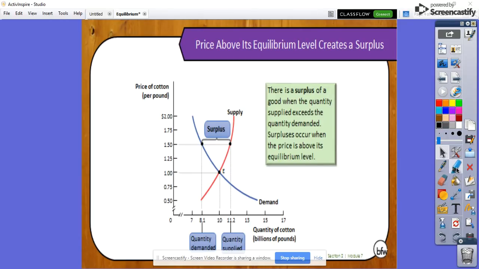Okay, now for your notes. There is a surplus of a good when the quantity supplied exceeds the quantity demanded. Surpluses occur when the price is above the equilibrium level.